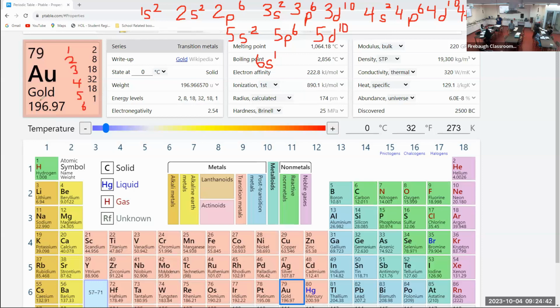Okay, so the reason why is because normally you would think of it having 2 in the s, right? So it likes to have a stable full shell. By filling it up, it makes it stable, right? And that's lower in energy, not for everything, but for it, it's lower in energy. And that pretty much works for all the ones that are here. For all of these guys here, they do that.